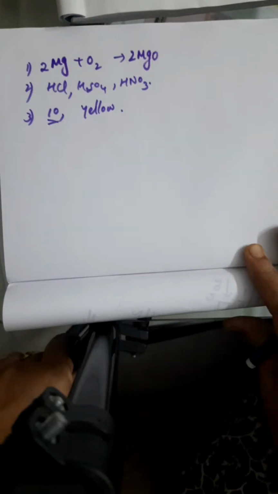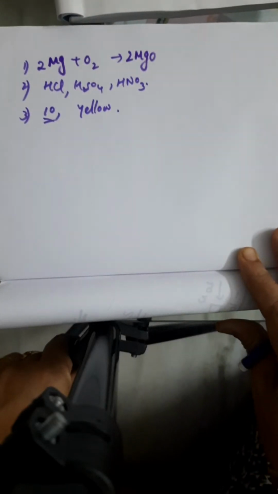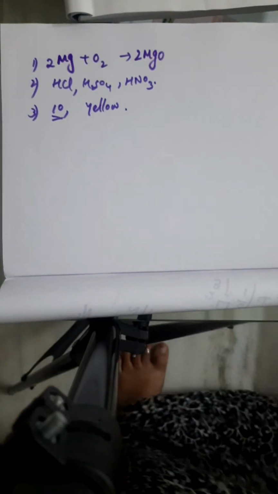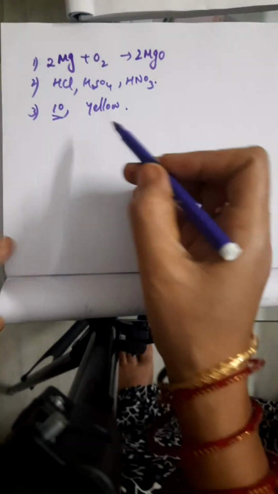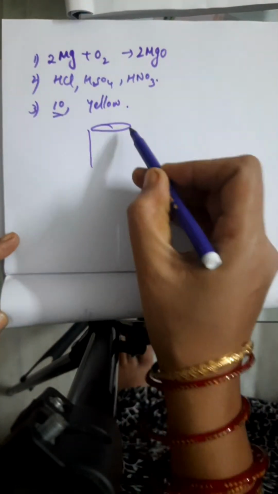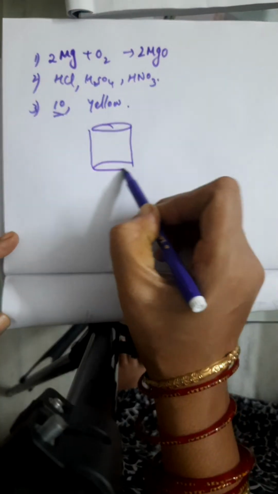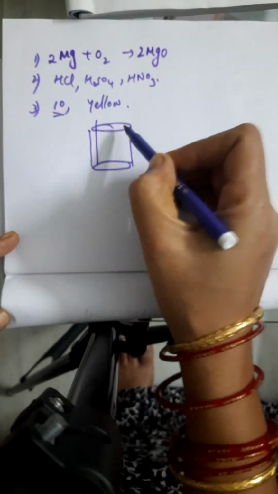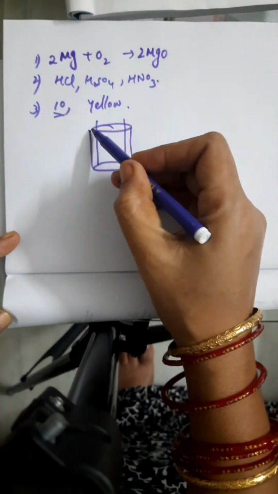I'll explain electrolytic refining a little bit in detail, like how you can remember it. In electrolytic refining, electrodes are taken. So here we will take a beaker where two electrodes are immersed.